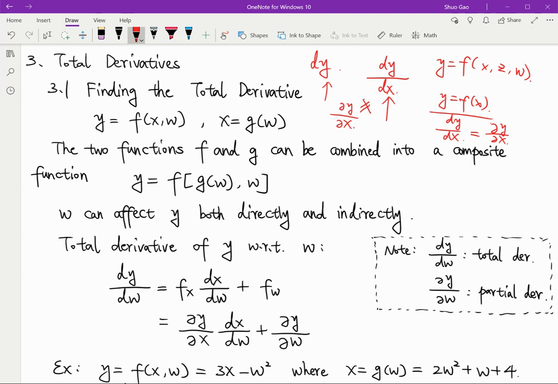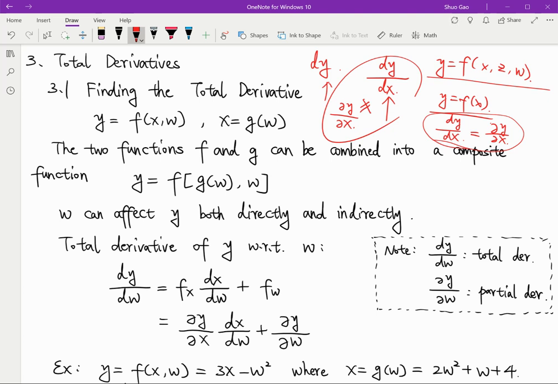So dy over dx means the change of y given the change of x, but all the other variables may also change. But partial y over partial x means all the other variables do not change. So these two things are different in a multivariable case, but they are the same in a single variable case, because there's no other variable.